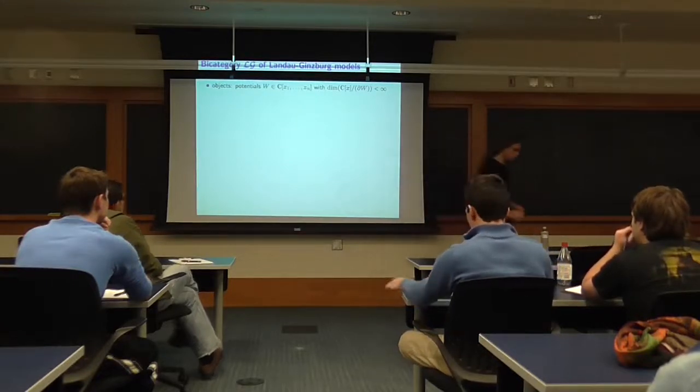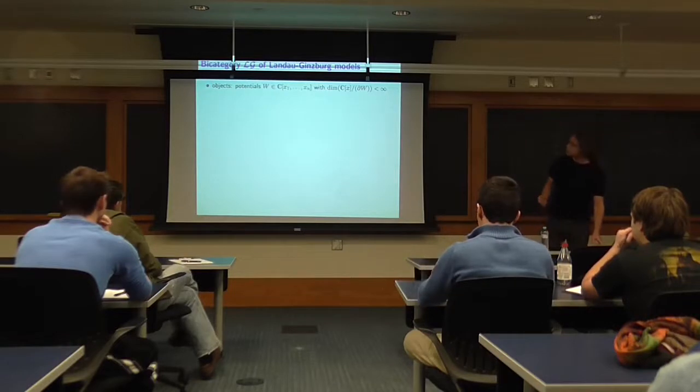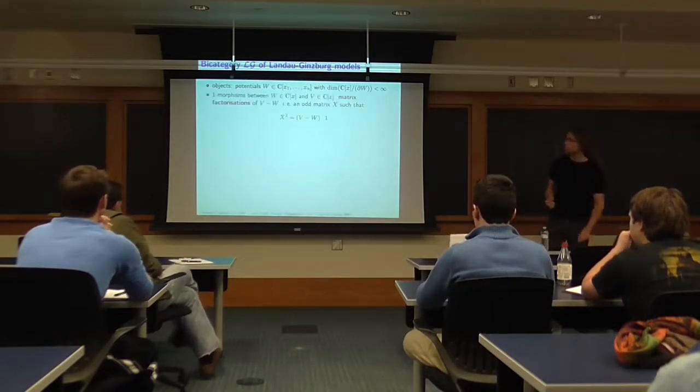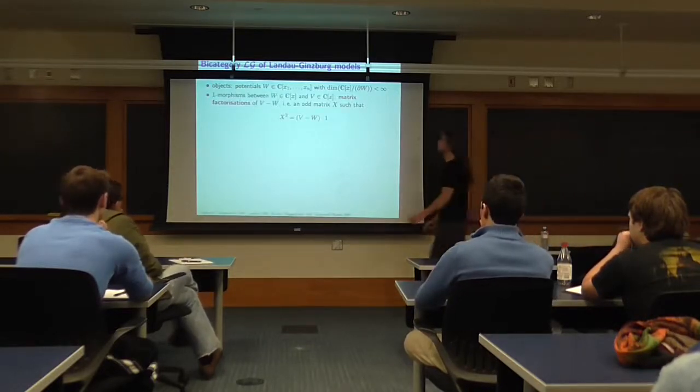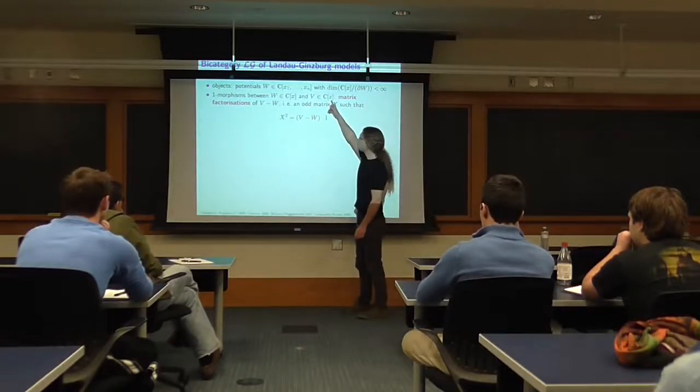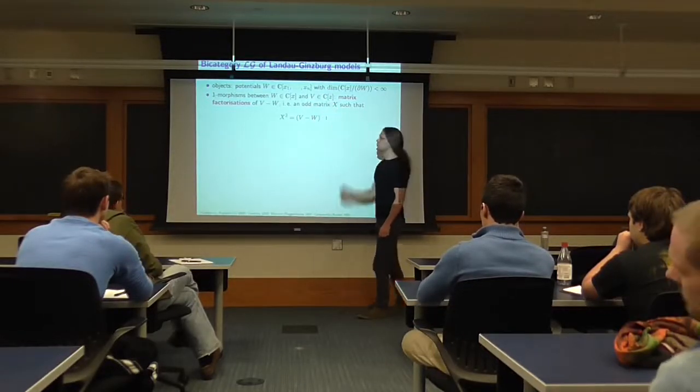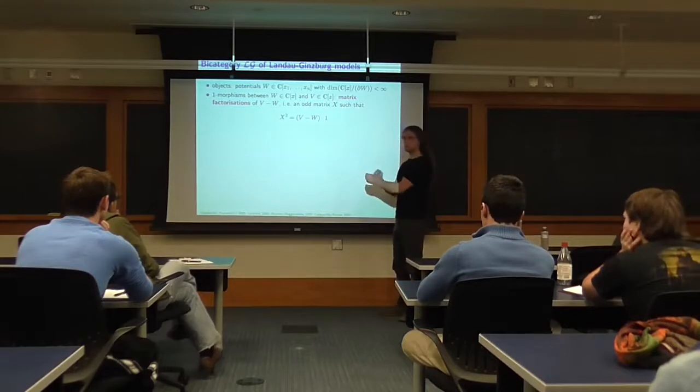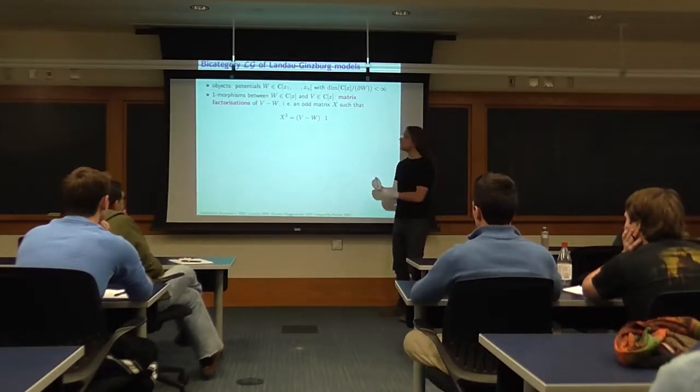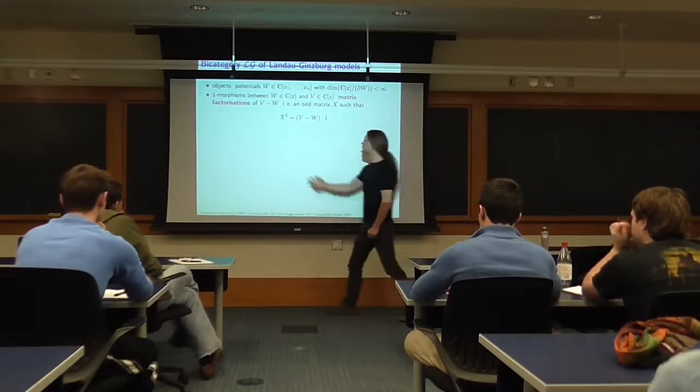bicategory of Landau-Ginzburg. Now, given two polynomials, W and V, where W depends on x variables and V depends on z variables, interpreted as chiral primary fields, what is a one morphism or a defect between the two? That will be a matrix factorization of the difference of these two things.